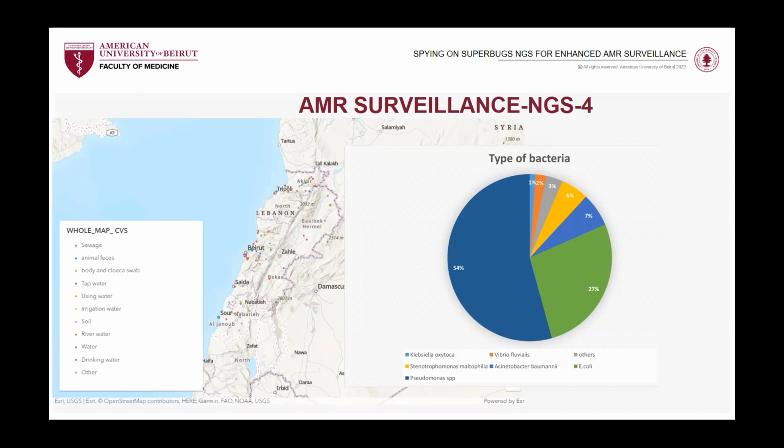So again, very interesting. So a lot of questions could come up. So I have two questions related. They're into the realm of politics and policy. Okay. So when you do One Health, you cannot think of One Health without thinking about the politics and the context of a country. So Lebanon is not an island.